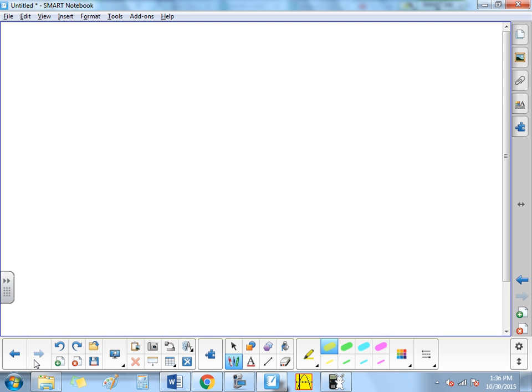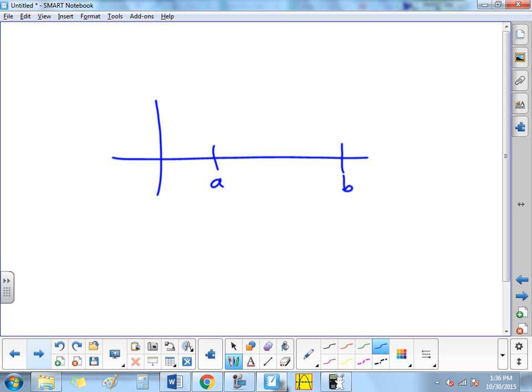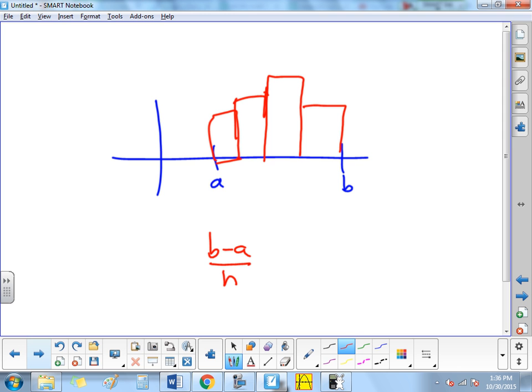Now, what is the general takeaway? Well, watch close, if you're going from A to B, then you're going to want to break it down into a certain number of sub-intervals or partitions. So imagine a rectangle here. How wide is it really? Well, it's B minus A divided by how many rectangles you chose. So if it's 4 rectangles, then it's B minus A over 4.